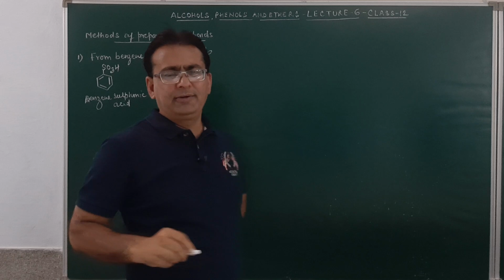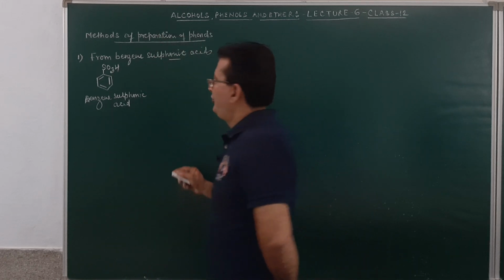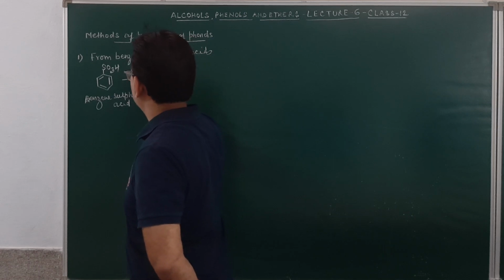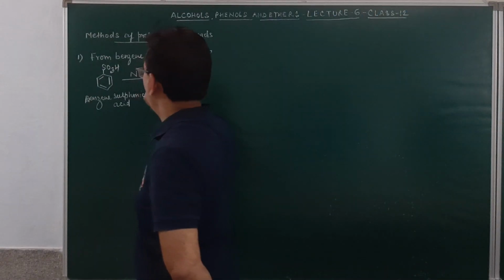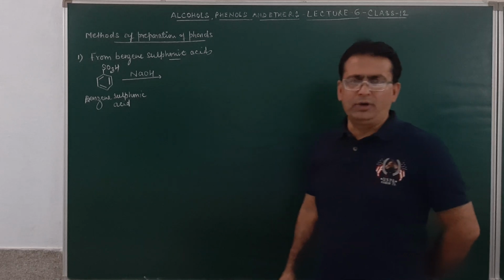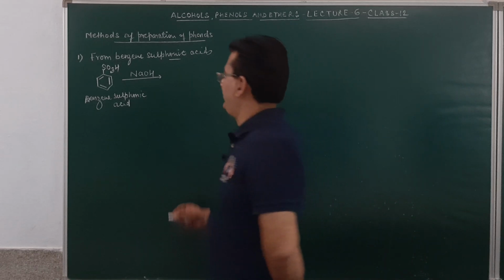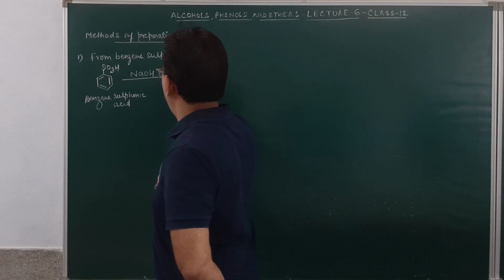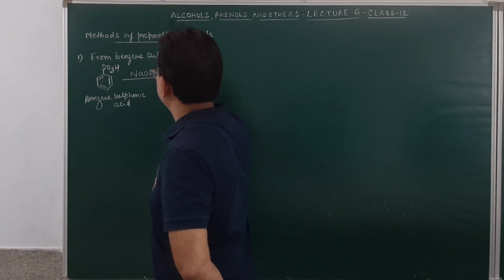Benzene sulfonic acid, when fused with sodium hydroxide, will result in the formation of sodium benzene sulfonate. The product obtained will be sodium benzene sulfonate.